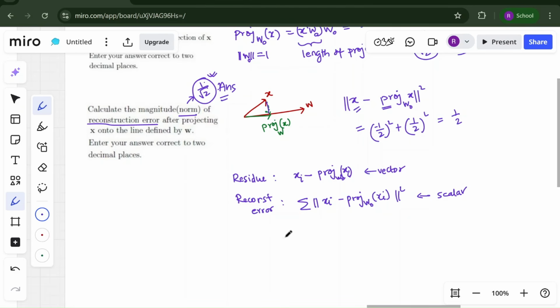I can also take the Manhattan distance between these and say that this is my reconstruction error. My reconstruction error is the choice of the data scientist, what you choose to be the error. In the questions you will be given, this is the choice of the data scientist.